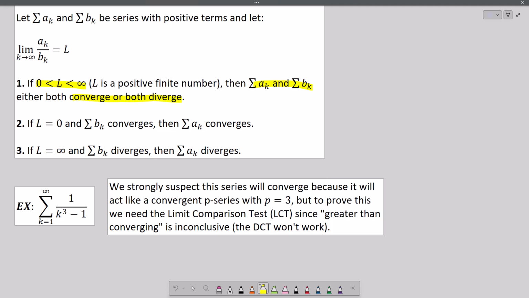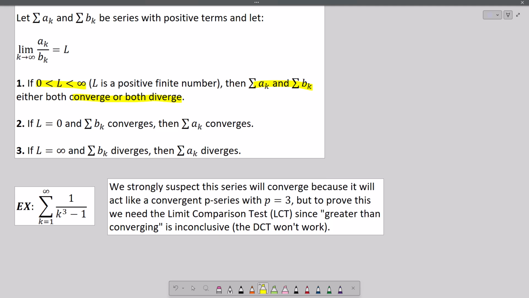This should remind you of the integral test. The integral test said if the improper integral converges, then both the, what did it say now? If the integral converges, if it's a positive real, then both things do the same thing.